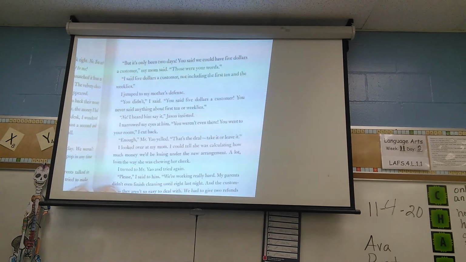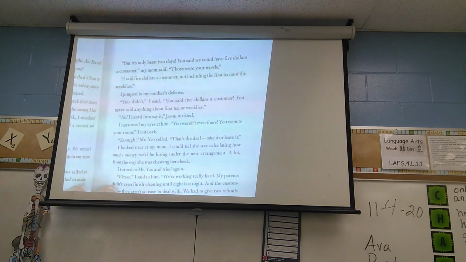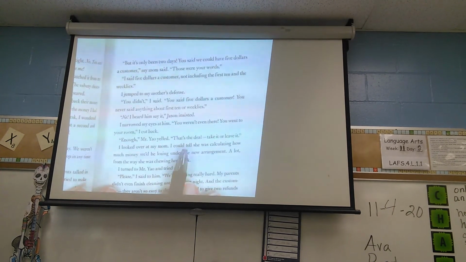But now Mr. Yao is saying the first 10 don't count and the weeklies don't count, which means that, because we know there are 5 weeklies, 15 of the rooms, or half of the rooms, don't count in their salary. That means the potential of $150 a day has dropped to $75 a day if all of the rooms get rented. So essentially, Mr. Yao is cutting their salary in half.